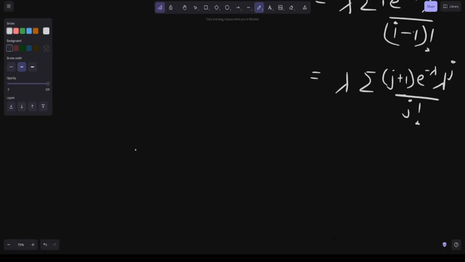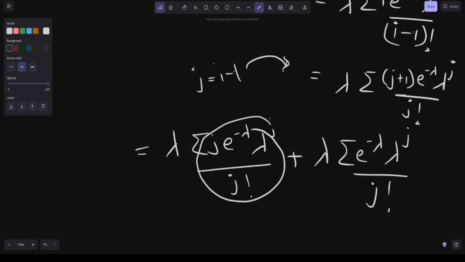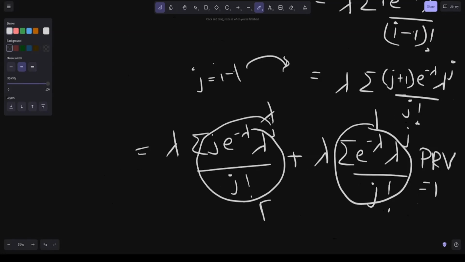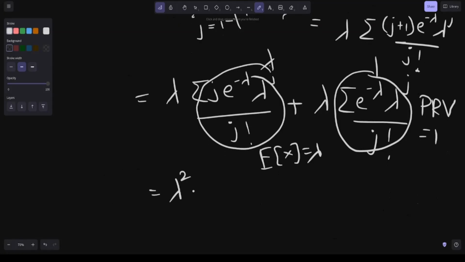Now we can break this down into lambda times the summation of j e to the power minus lambda, lambda to the power j by j factorial, plus lambda times the summation of e to the power minus lambda, lambda to the power j by j factorial. Here j is nothing but i minus 1, I'm just doing the substitution. The first sum is nothing but E[X], which is lambda, and the second is 1, because it is the Poisson RV, so this becomes lambda squared plus lambda.